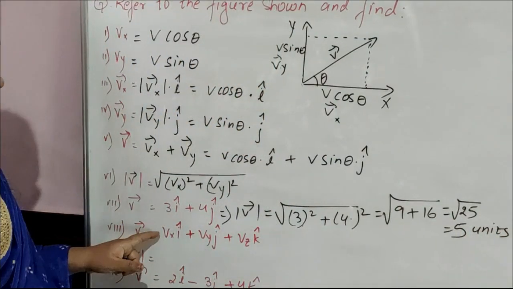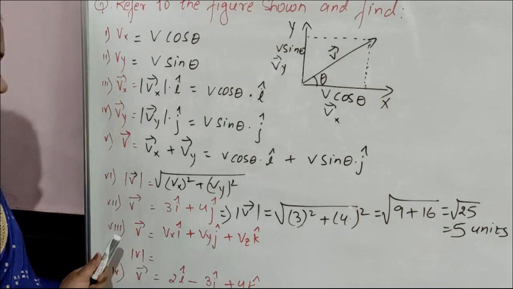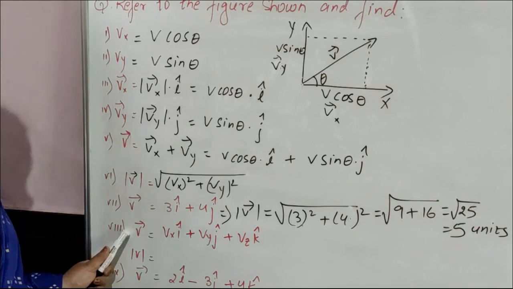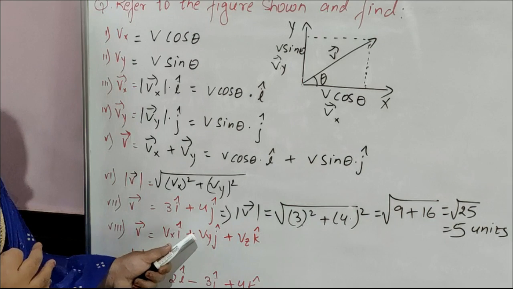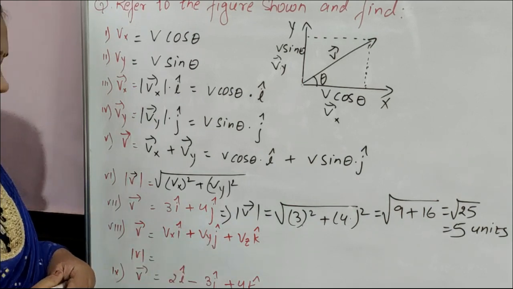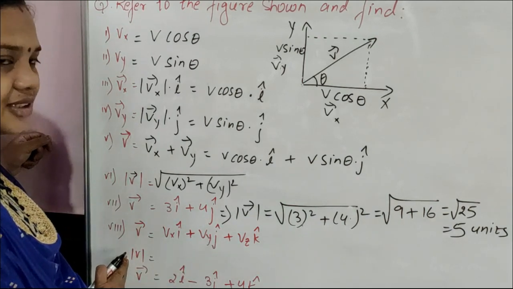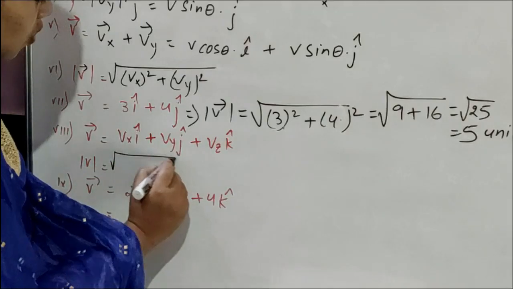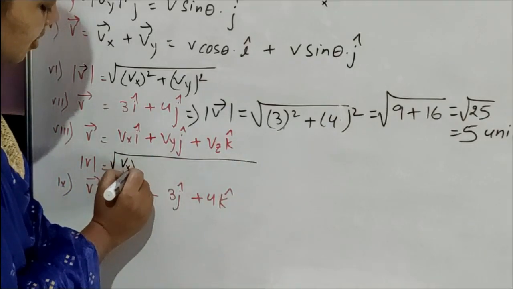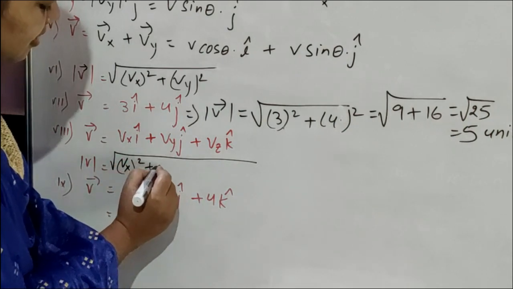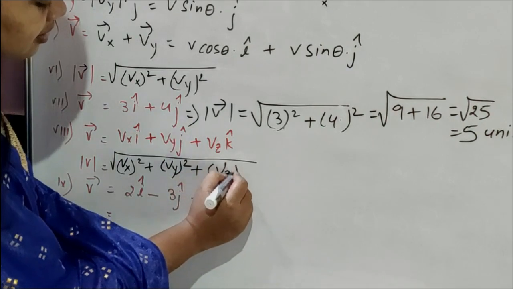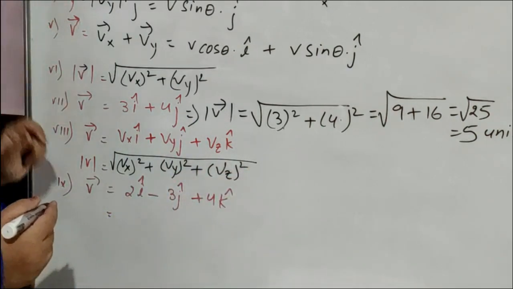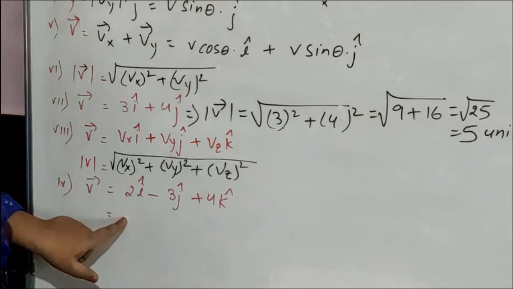Like that, here you can see this vector V in this question is resolved into 3 components: Vx i cap, Vy j cap, Vz k cap. So when you have to find its magnitude, whole square root of Vx square plus Vy square plus Vz square. Based on that, one question is given.